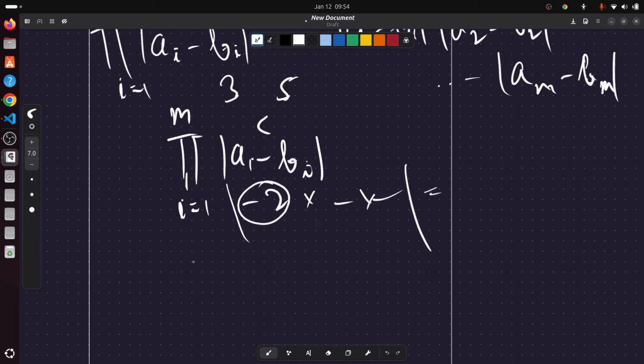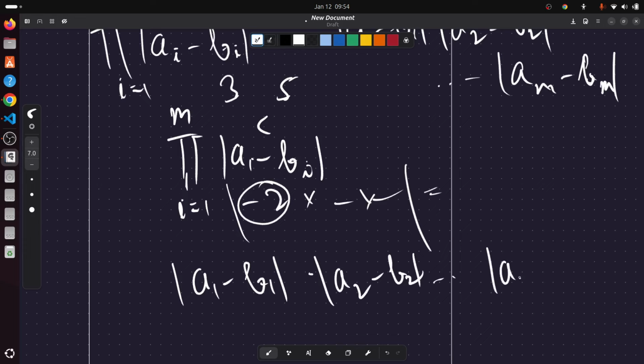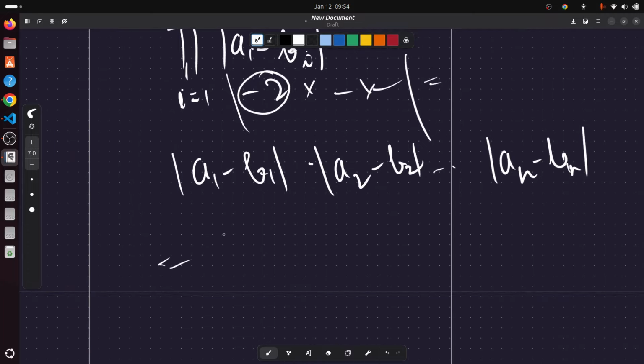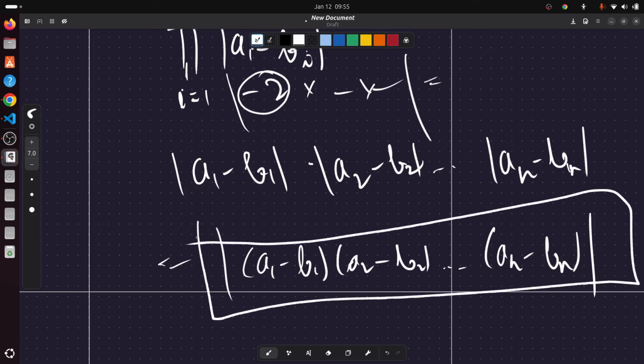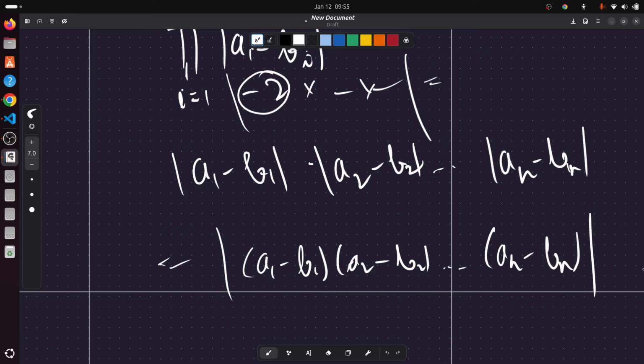Instead of writing mod of a1 minus b1 times mod of a2 minus b2 up till mod of am minus bm, I can simply write the entire mod of a1 minus b1 times a2 minus b2 up till am minus bm. I can write the mod like this.